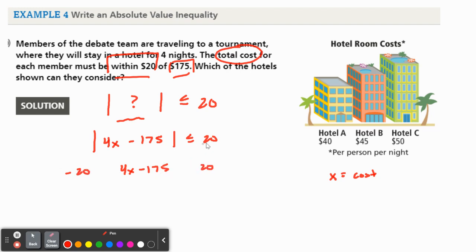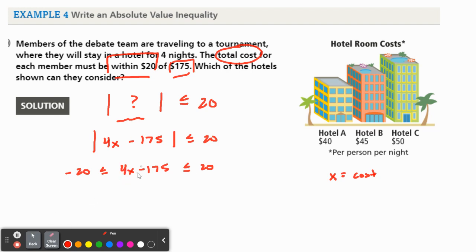That's what this absolute value does. We could be $20 less than $175, or we could be $20 more than $175. And again, this is the and compound inequality. So we put our less than here. This can be greater than negative 20, and this can be less than 20. That would stay within $20 of your 175.